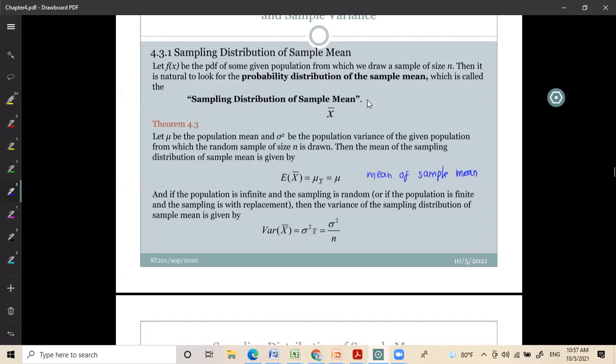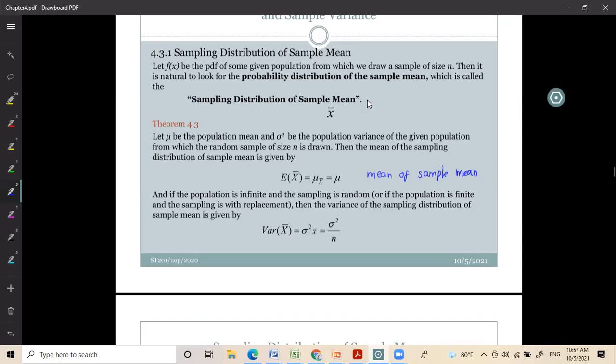Now, if the population from which you take the sample has population mean mu and population variance sigma square, then the theorem is the mean of the sampling distribution of sample mean will exactly be the population mean. So that is a theorem.